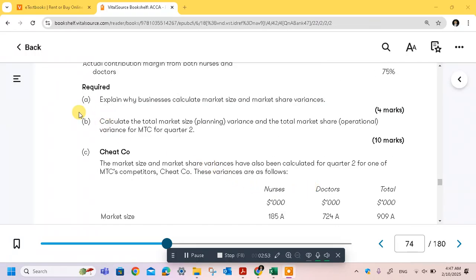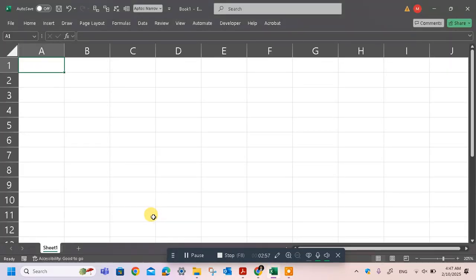Let's start step by step. Part A. First of all, let's understand what market size and market share variance are. We know sales volume variance. What is sales volume variance?